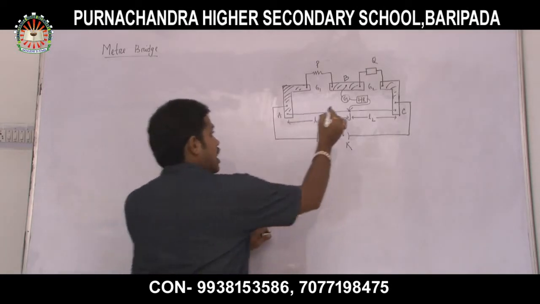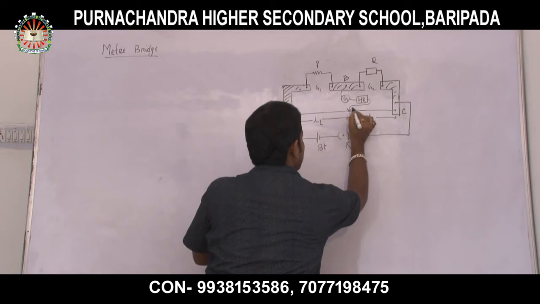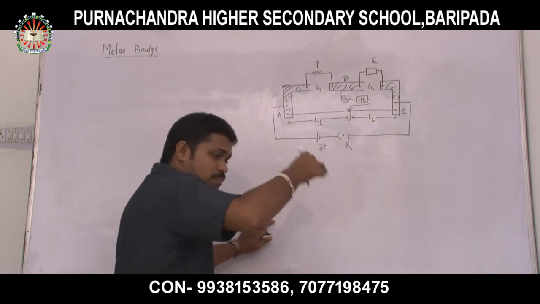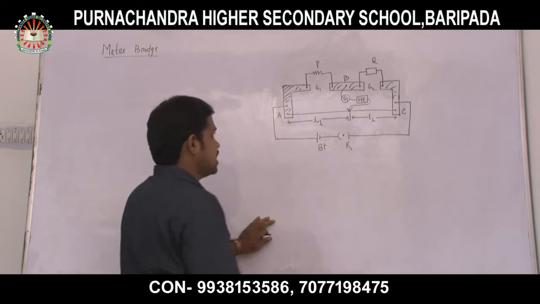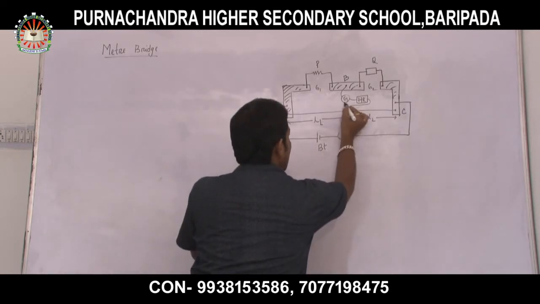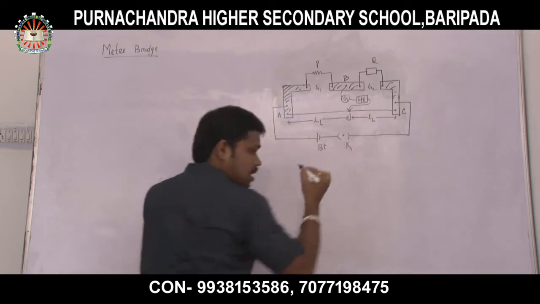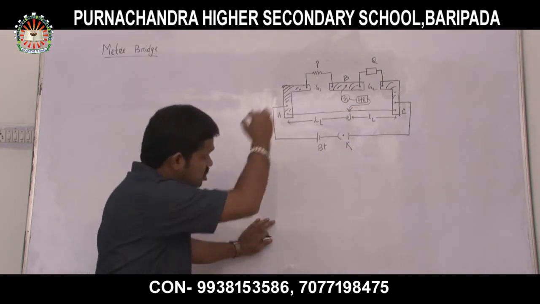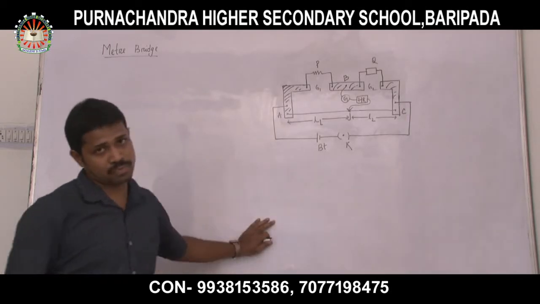So we adjust this moving jockey on AC at some point such that the current in the galvanometer G becomes zero, so that the bridge becomes balanced.